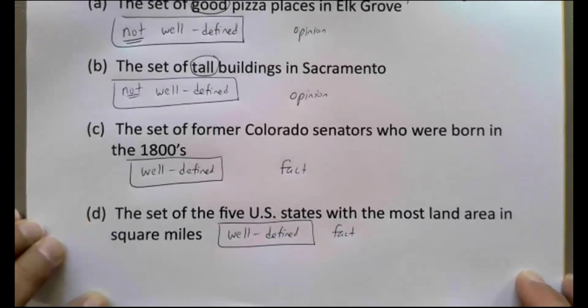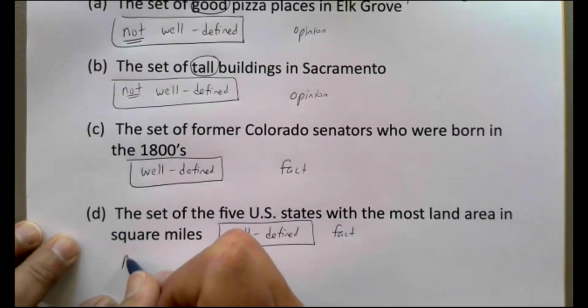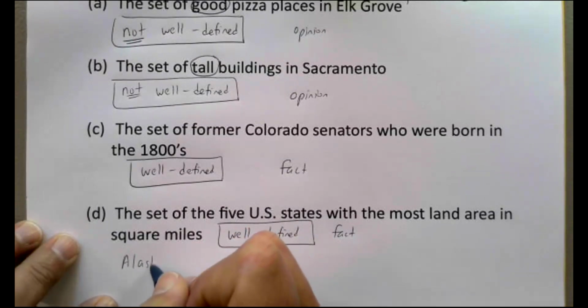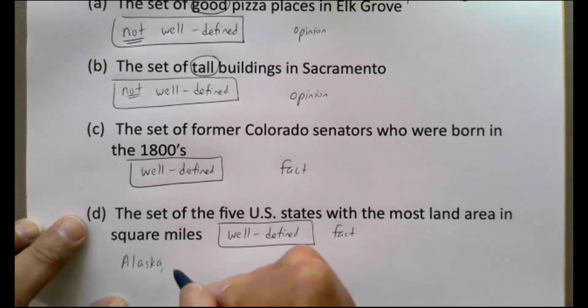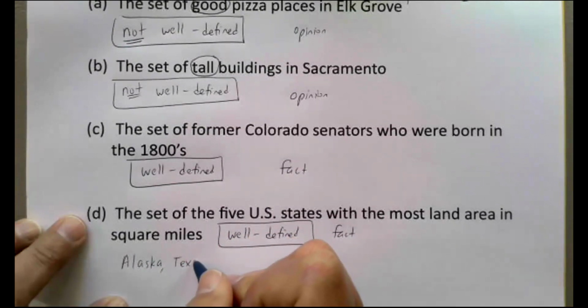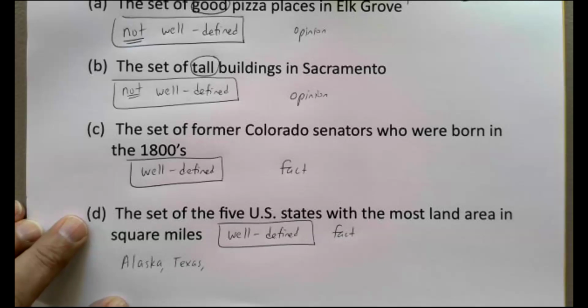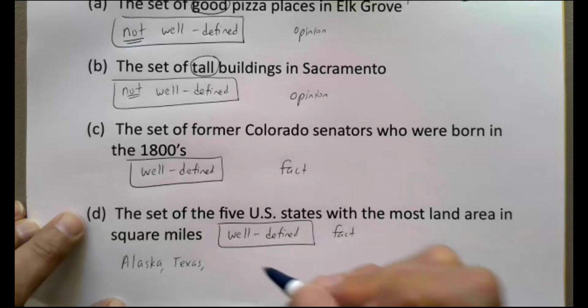Just if you're interested, I'm going to tell you in order what they are. Alaska is actually the biggest state in land area. Texas is the second biggest state. And Texas is really big, but Alaska is more than twice the size of Texas. So Texas isn't very big compared to Alaska.